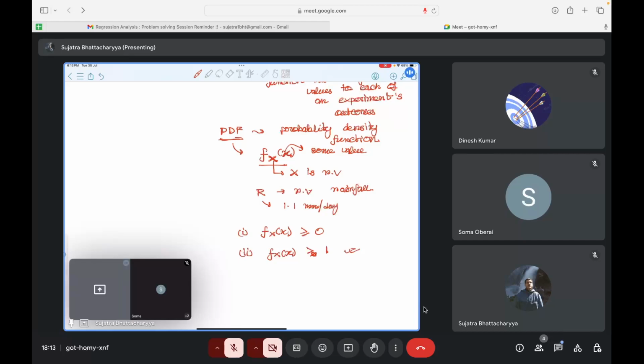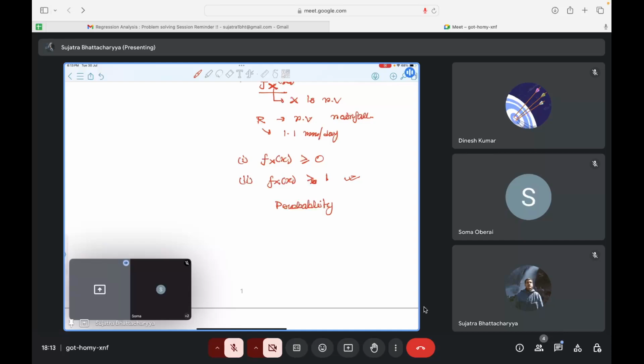How? Because we know that probability is something else. How can we define probability from the PDF? For that, suppose you have the distribution or the density function f_X(x), and you have x, the values of the distribution. Suppose you get some kind of distribution like this. Now you select 2 points, x1 and x2.